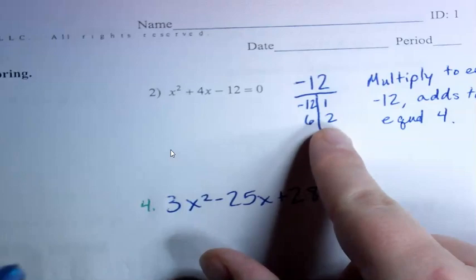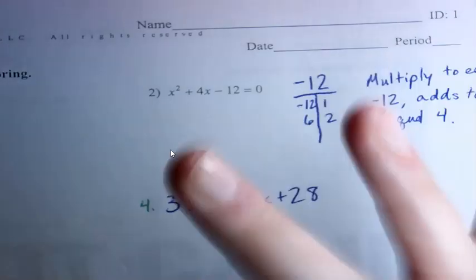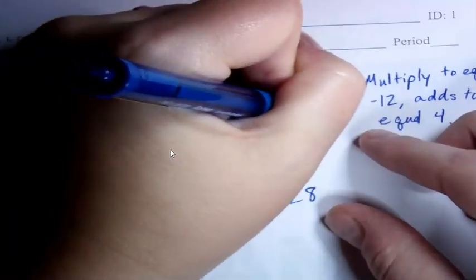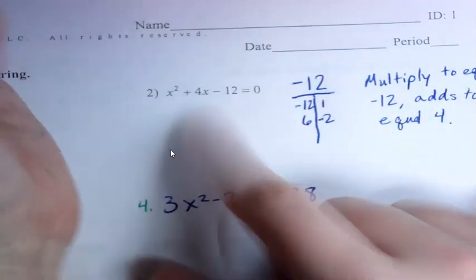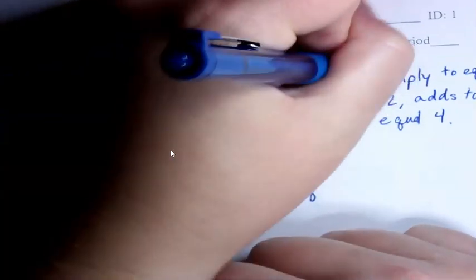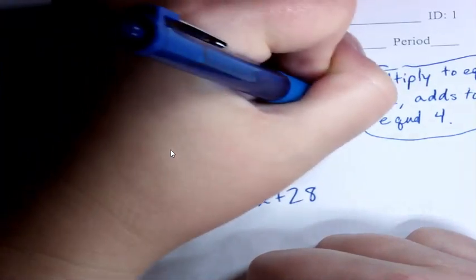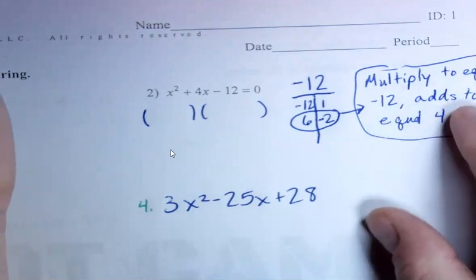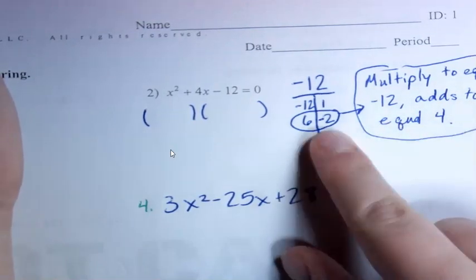The 6 or the 2? If we make the 2 negative, it would equal a positive 4, right? Okay, so these 2, this is how we found them. We multiplied to equal 12, and they add to equal 4. Those are our 2 numbers.